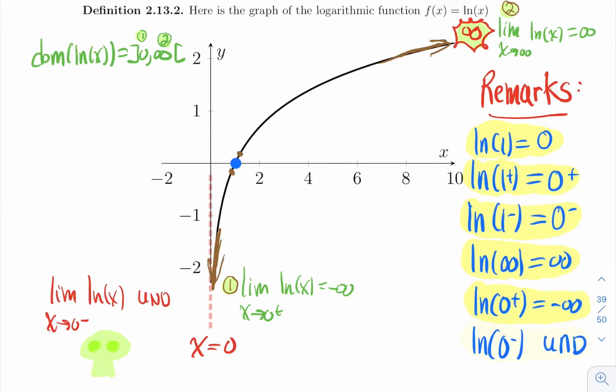And ln of 0 minus is obviously undefined because you're out of the domain. As soon as you're not in the domain, we use the undefined symbol. And that's all you need to know for the logarithmic function in order to address limits involving logarithmic terms.